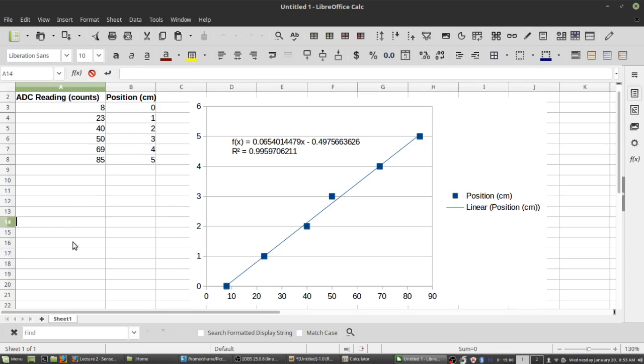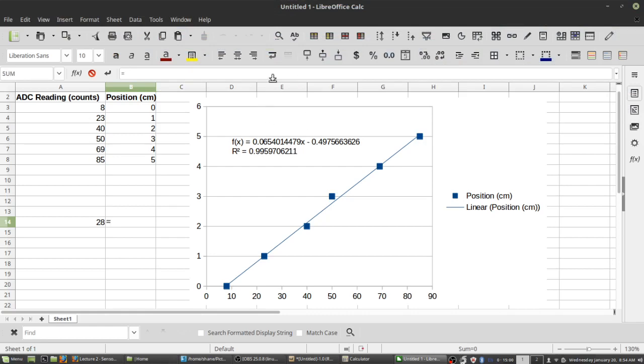Let's say I got this value in, 28. Now let's use this expression to figure out what the position should be. We want to extrapolate what that position would be if our microcontroller is getting a count of 28. Where is the position?